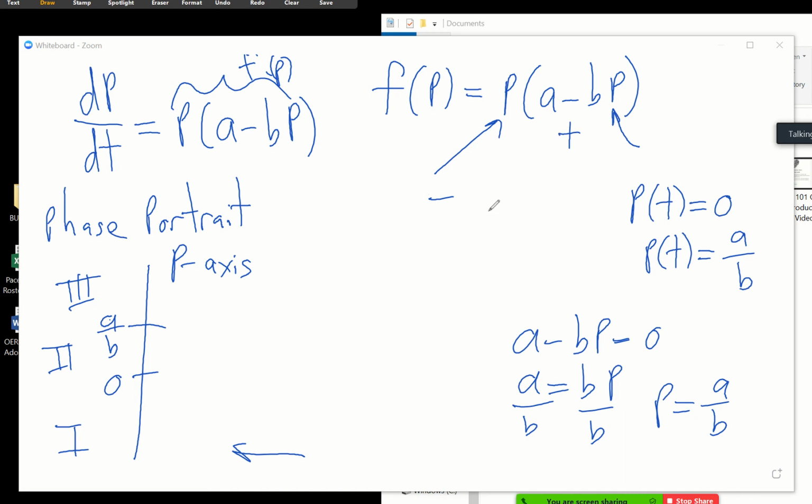So we would get a negative times a positive, which means that f of p is going to end up being negative in the first region. So that means that it's going to be decreasing, so it would be heading down. Let's see if we can figure out what the sign of f of p would be in region 2.